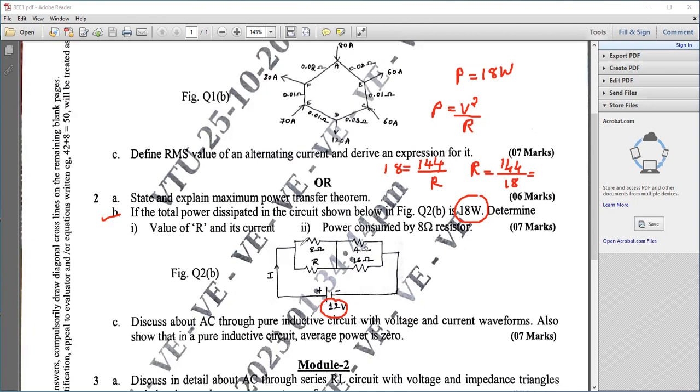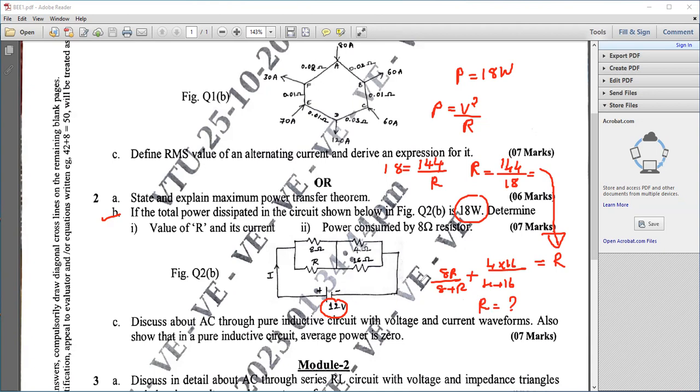As we can see, 8 and R are in a parallel circuit: 8R divided by 8 plus R. Then that is in series with this combination: 4 into 16 divided by 4 plus 16. That is equal to the total value of resistance. From this, you can substitute and compute the unknown value of resistance R.